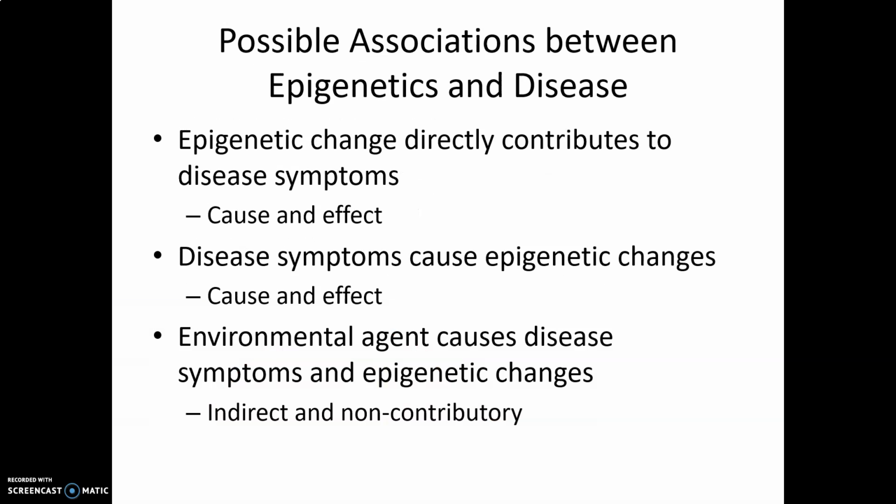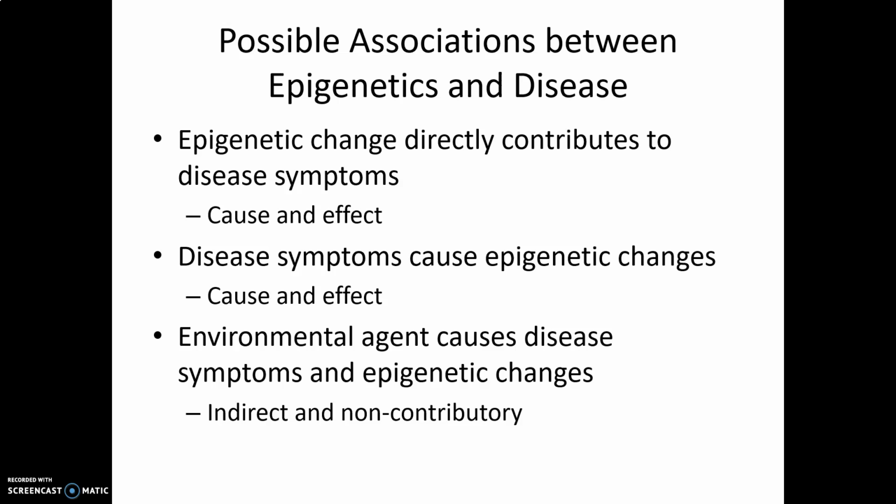So researchers have been trying to associate different epigenetic factors with certain diseases. And there are three ways that they can look at this. One, does the epigenetic change directly contribute to the disease symptom? So is it a cause and effect relationship? Two, do the disease symptoms cause epigenetic changes?